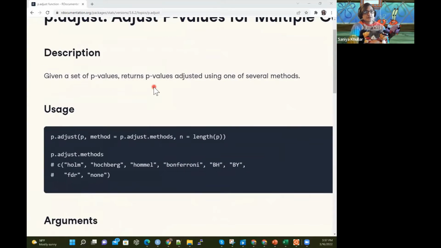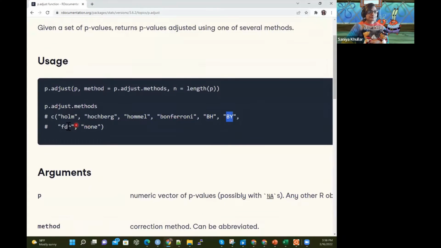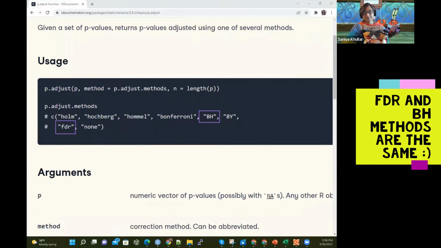You just input your p-values in here, and you can try a variety of these methods: Holm, Hochberg, Hommel, Bonferroni, BH, BY, FDR, and Null. So FDR and BH are exactly the same. They're just based on people who know them by different terminologies. And we'll go through that.